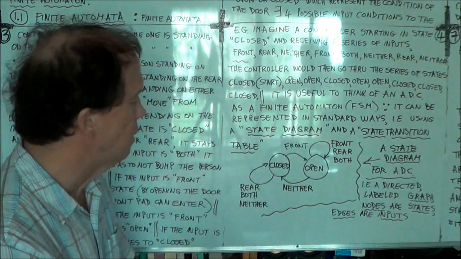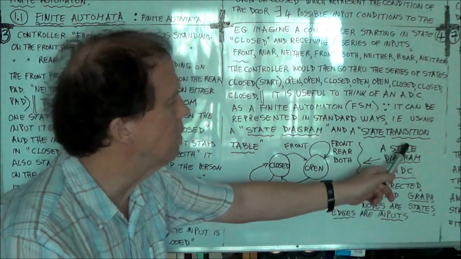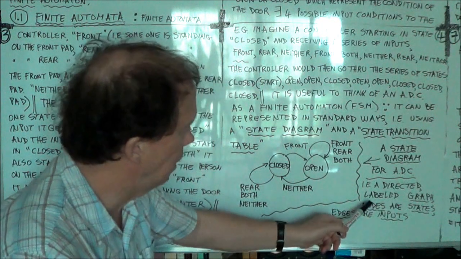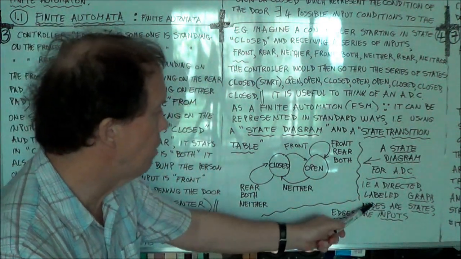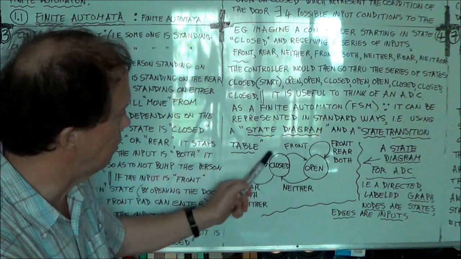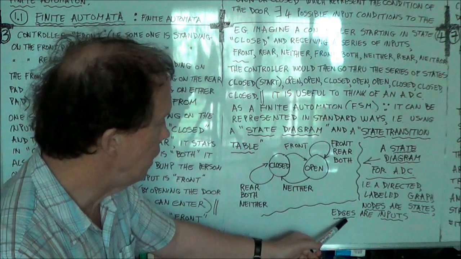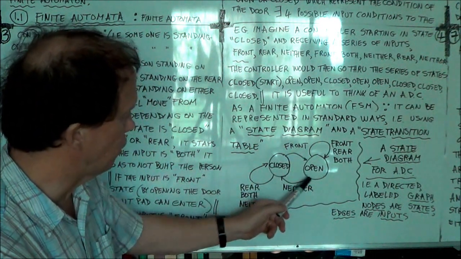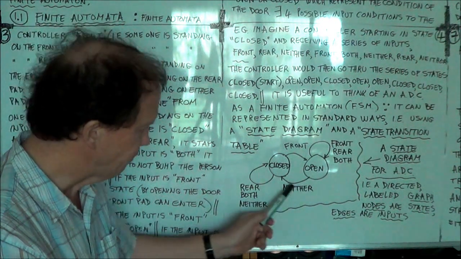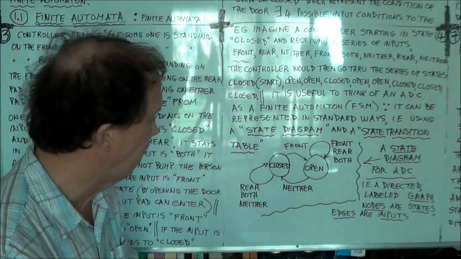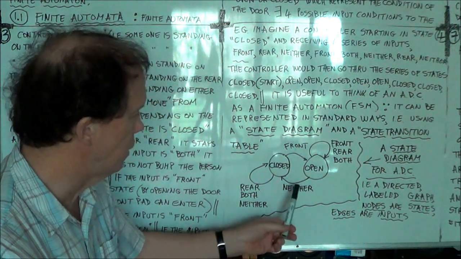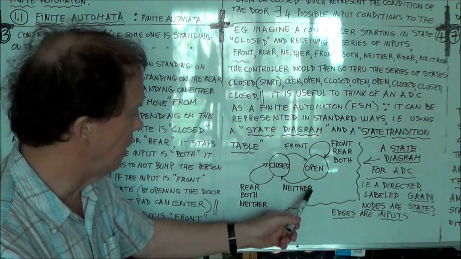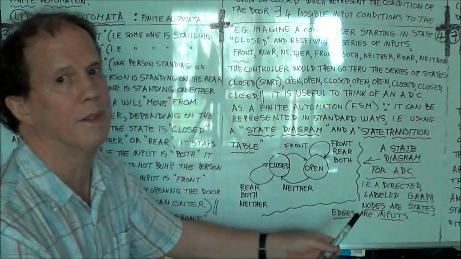So another way of looking at a state diagram or a state transition diagram is that it's a directed, labelled graph. Okay? So the nodes correspond to states. Here are two nodes, two states, and the transitions correspond to edges. And the transitions are dependent on the input signals, so in a sense you could say the edges correspond to the input signals as well.